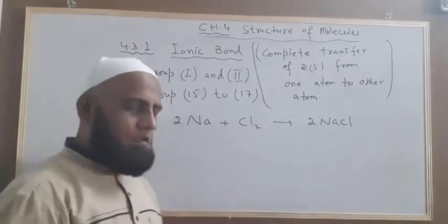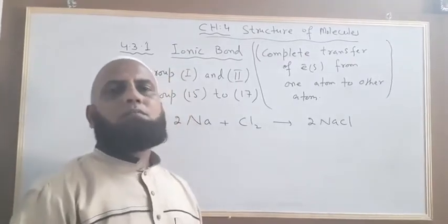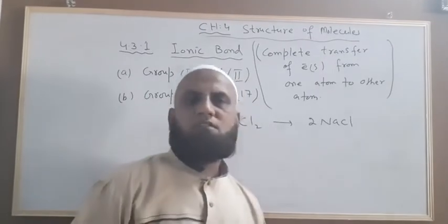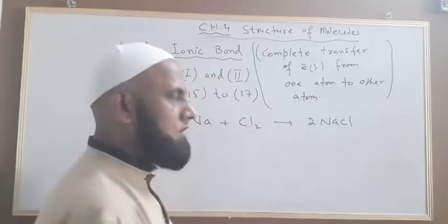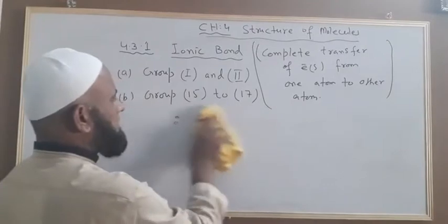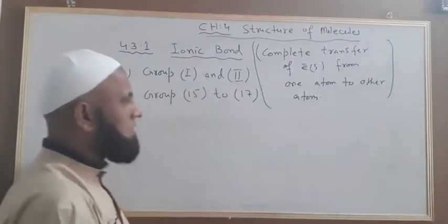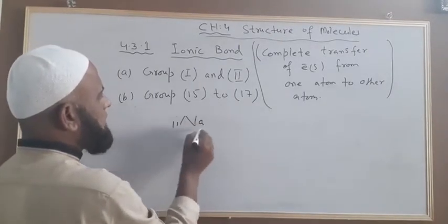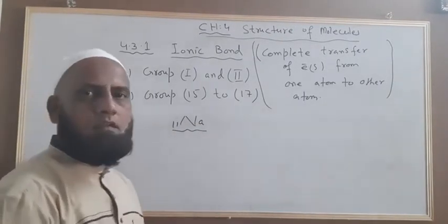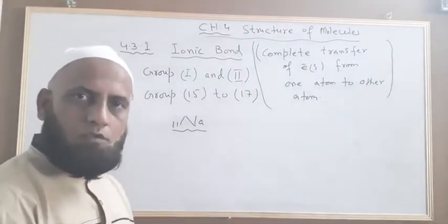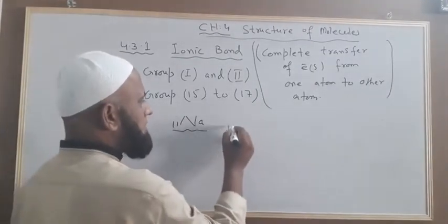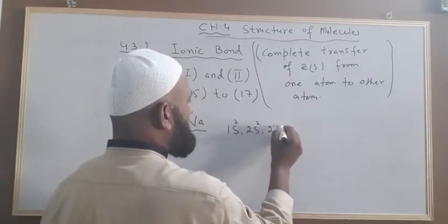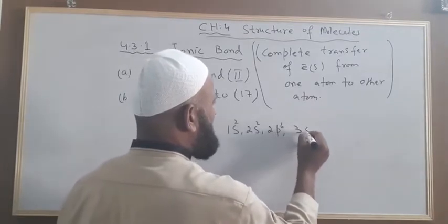Now, let's check what happened with sodium and chlorine when they undergo the formation of sodium chloride. In this regard, again, we have to look at the electronic configuration of sodium. The atomic number of sodium, as you know, is 11. Electronic configuration 1s2, 2s2, 2p6 and 3s1.